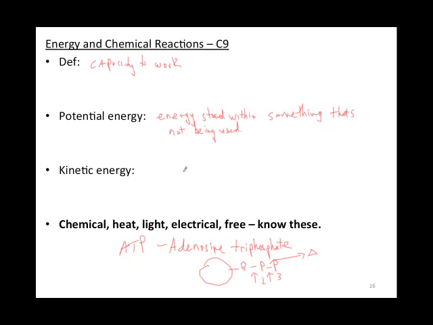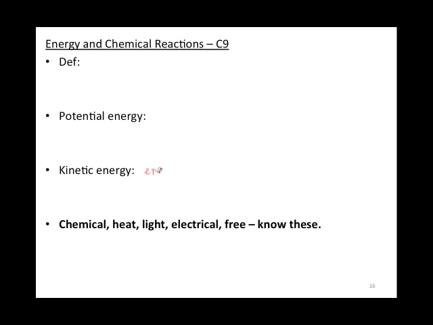Kinetic energy, on the other hand, is the energy from an object that is actually being used to do work. So it's the energy from within an object that is being used for something.